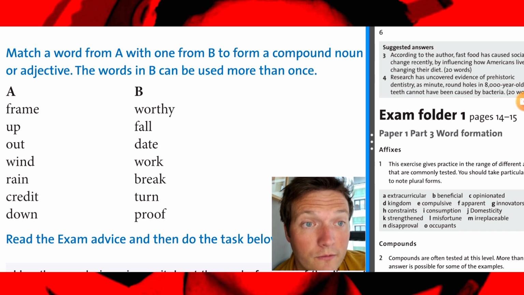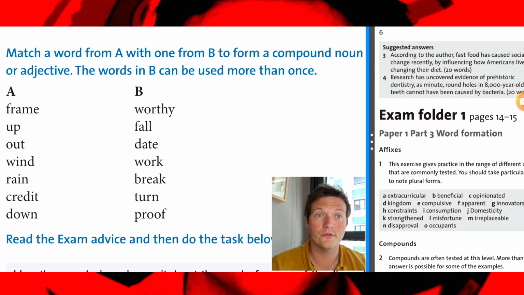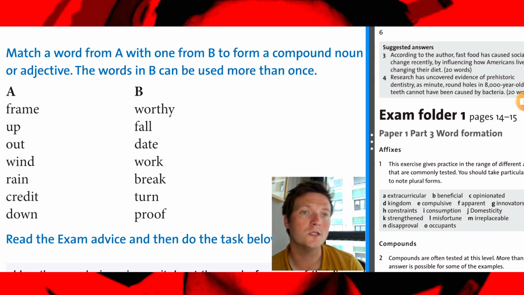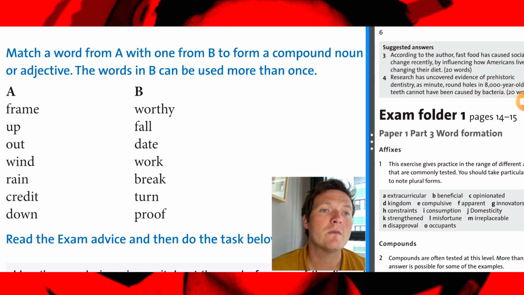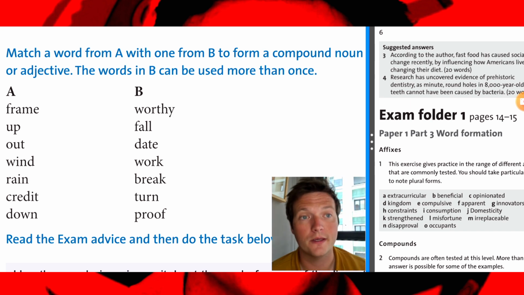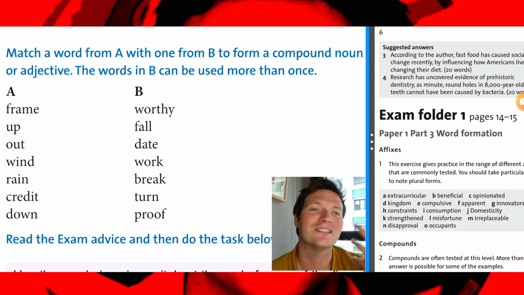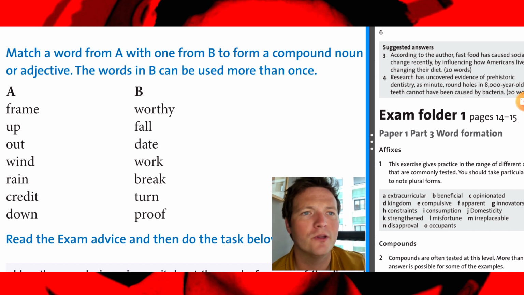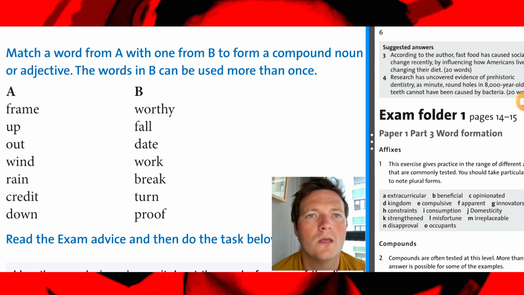Downworthy, downfall. The downfall is, the king, when he was overthrown, his downfall. We talk about the downfall of a politician or a public figure who has had to step down. For example, we talk about their catastrophic downfall, their fall from grace.